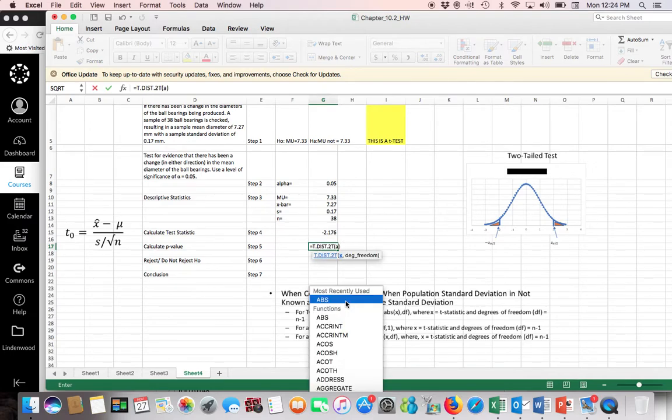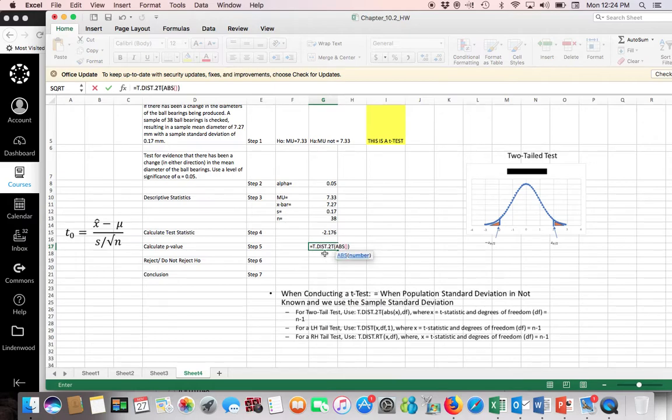Okay, we're going to hit absolute value. We're going to plug in our t statistic. We're going to come up here between these two parentheses, comma, and we need degrees of freedom, which is 38 minus 1 is 37, and enter.